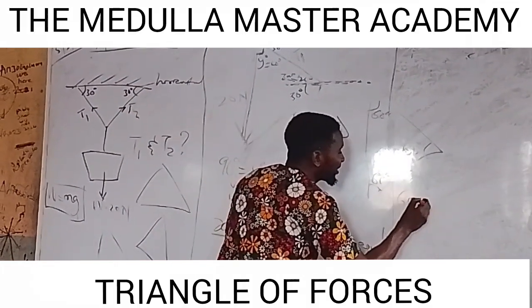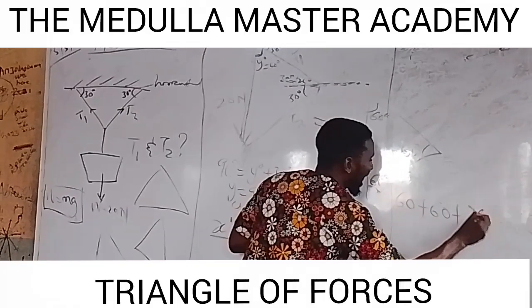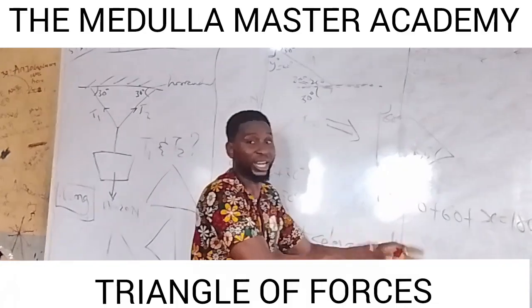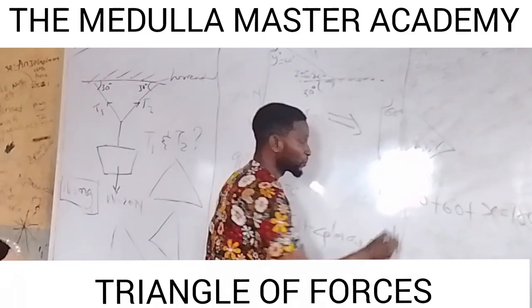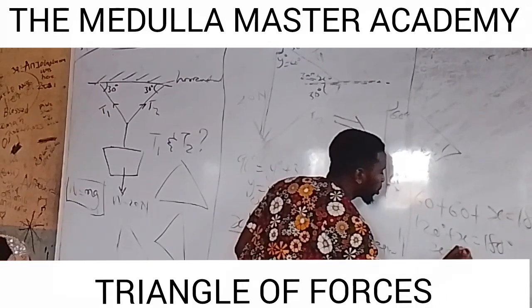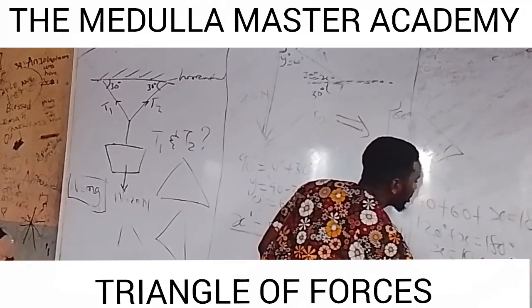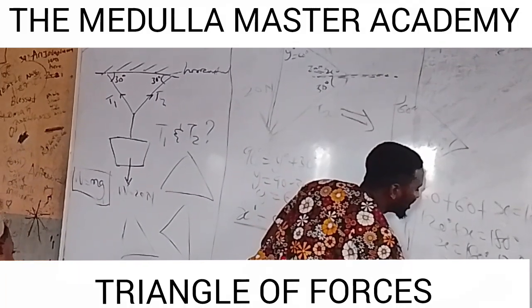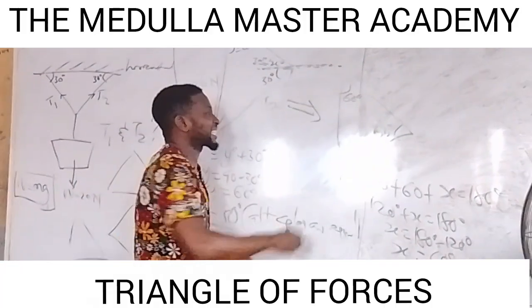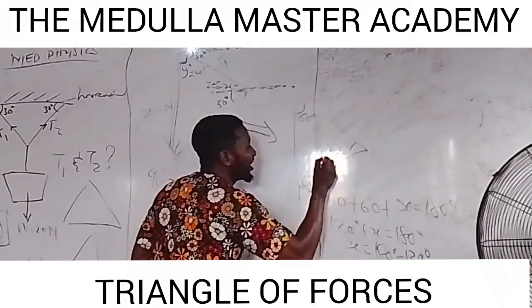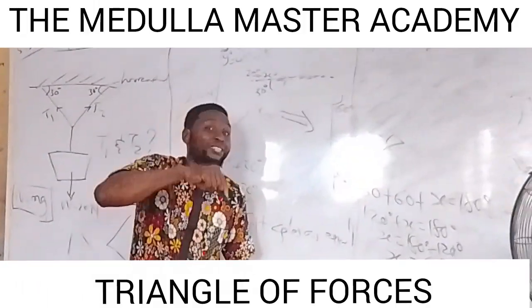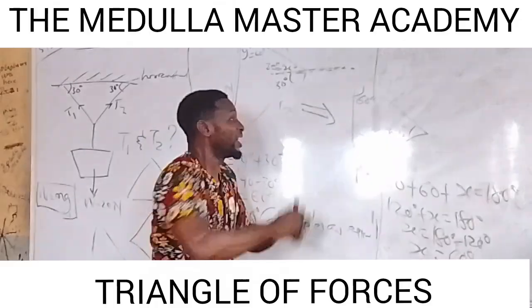Because 60 plus 60 plus x is equal to 180 degrees, since the total sum of angles in a triangle is 180 degrees. So 120 degrees plus x is equal to 180 degrees, so x is 180 minus 120, which is 60 degrees. Since all angles are equal, this triangle is an equilateral triangle.